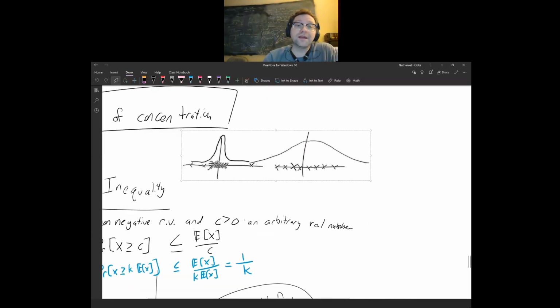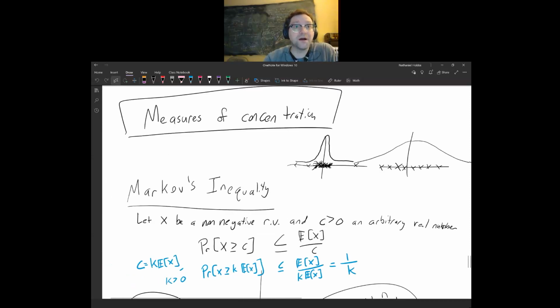So the idea of a measure of concentration is trying to come up with a measure for how close randomly generated values of the random variable are to the average versus far away from the average. It depends on the random variable, but we can measure it. That's the measure of concentration.